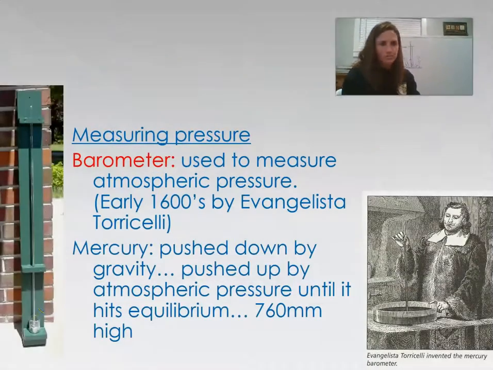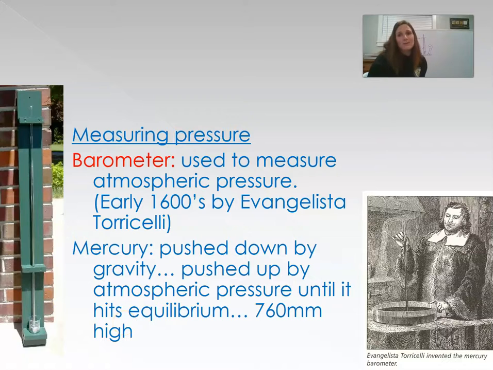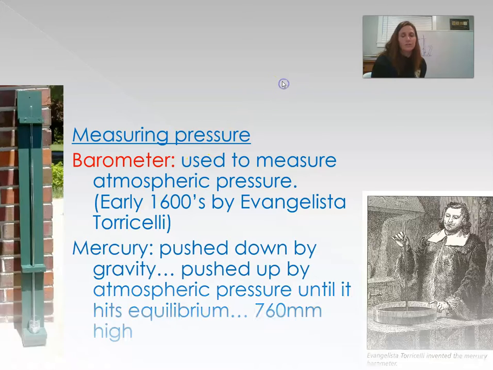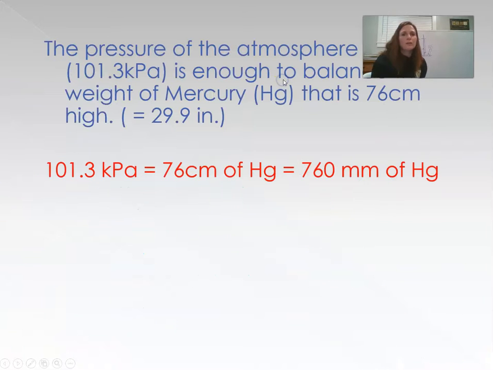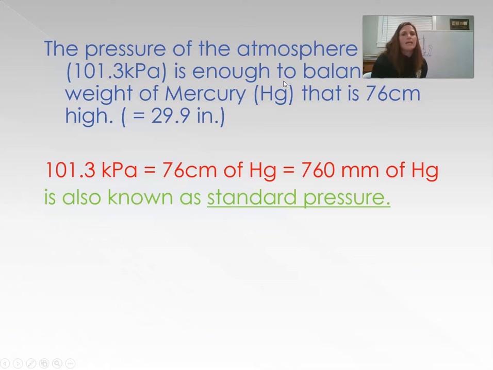These pressure measurements can be converted between. So that's what we're going to be doing for the very end of today, some conversions. What we know now is a set of standard pressures. We have 3 standard pressures. We have 760 millimeters of mercury.